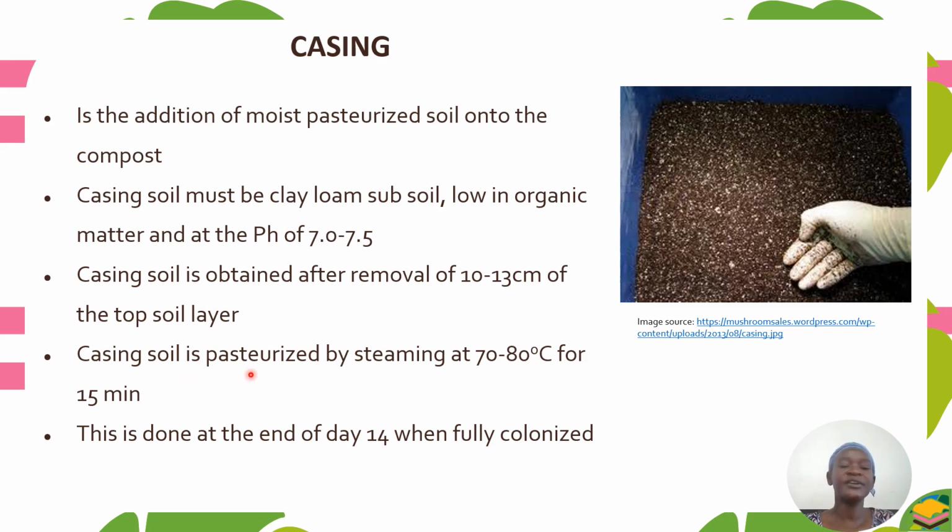And casing soil is pasteurized by steaming at 70 to 80 degrees Celsius, at least for 15 minutes. Even though we have concluded here that subsoil has a low microorganism count, the subsoil which you are going to use to plant mushroom needs to be pasteurized or undergo sterilization.